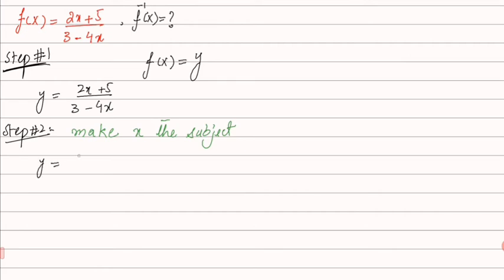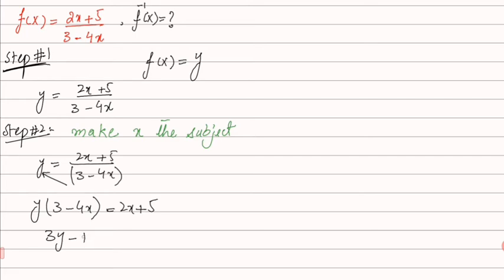So y is equal to 2x plus 5 divided by 3 minus 4x. Now we're going to multiply this over there. So y times 3 minus 4x equals 2x plus 5, right? It's 3y minus 4xy is equal to 2x plus 5.